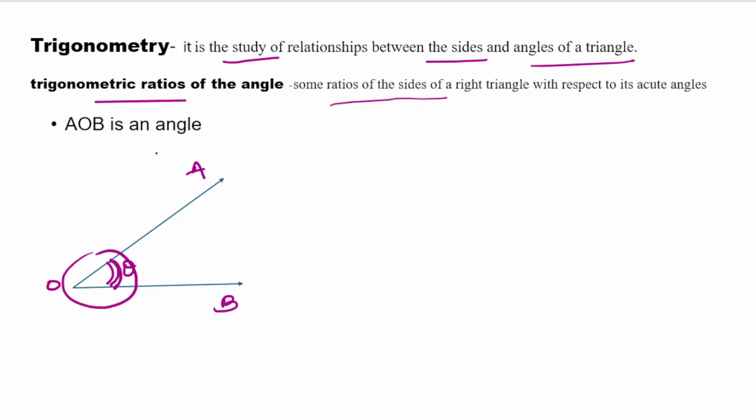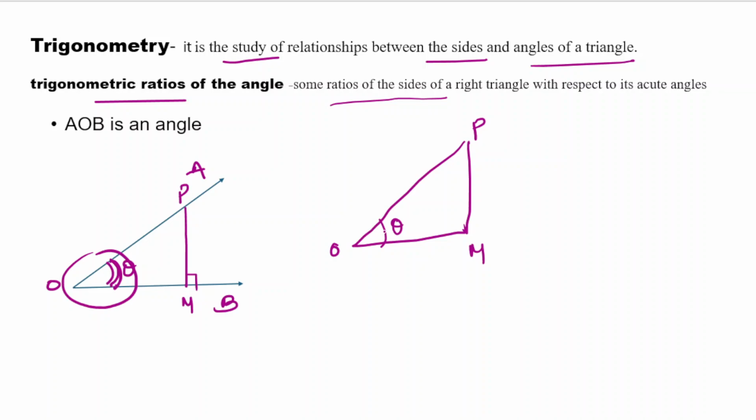For this, we are going to draw a perpendicular from OA to OB, let it be from P to M. We draw a perpendicular. Now we have POM as a right angle triangle. We get this right angle triangle, and this is theta.